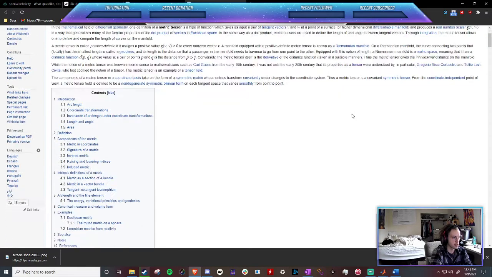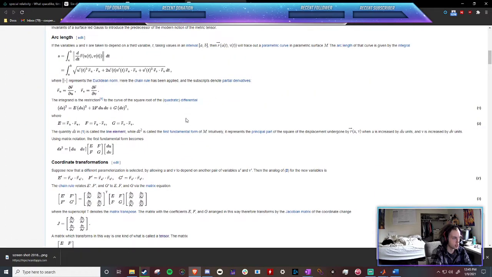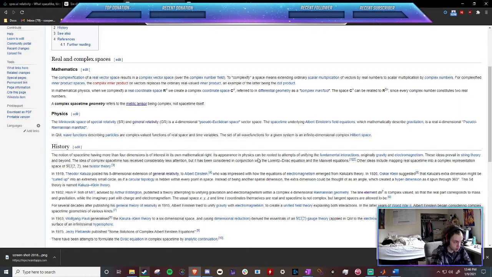The metric tensor being imaginary. The metric tensor, it measures the length between two points on a coordinate system.